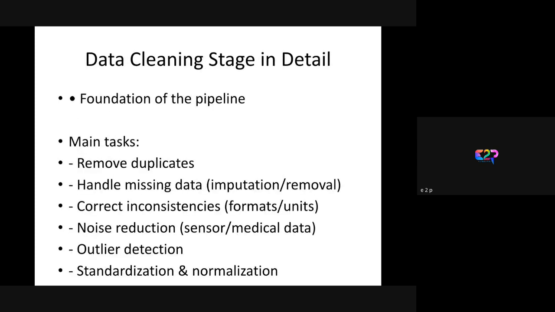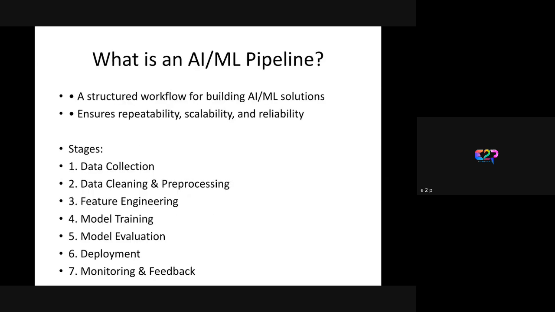So we are talking about data cleaning, right? In previous classes also we discussed data cleaning. Data cleaning is the foundation of the pipeline. You can see this is the first step, not first, second step.